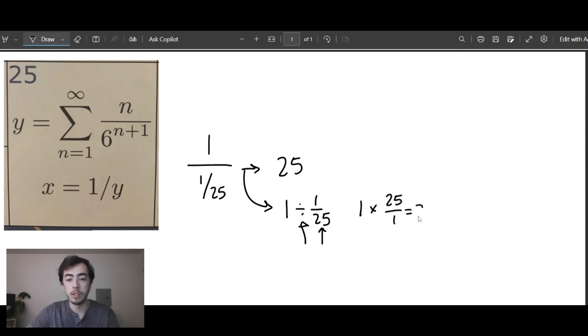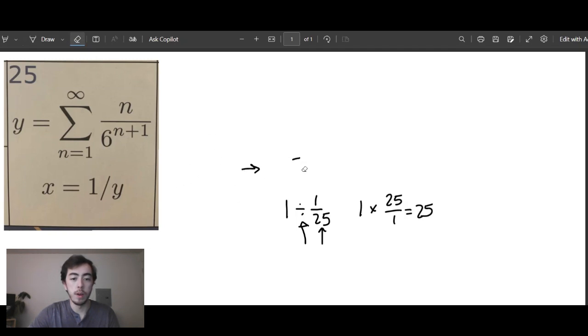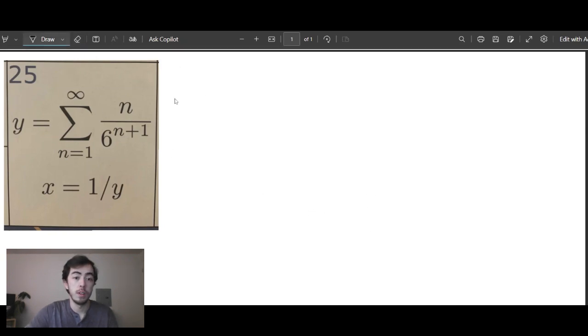And so this is still just 25. So essentially, I just need to show that this infinite sum that's equal to y is 1/25th. So let's show that y is equal to 1 over 25.